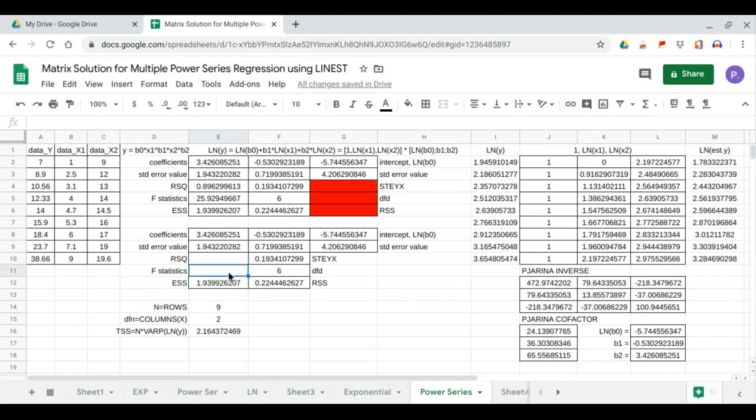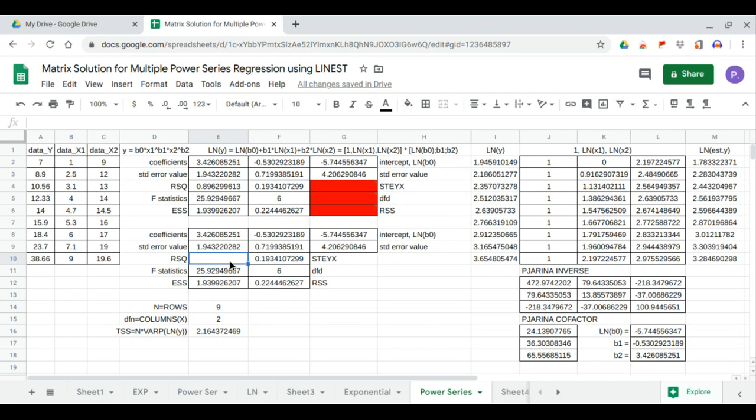So we can calculate the F statistic, which is regression sum of squares divided by degrees of freedom of the numerator divided by STAX squared, this value to the power 2. And it's 25.929, matches our LINEST output.